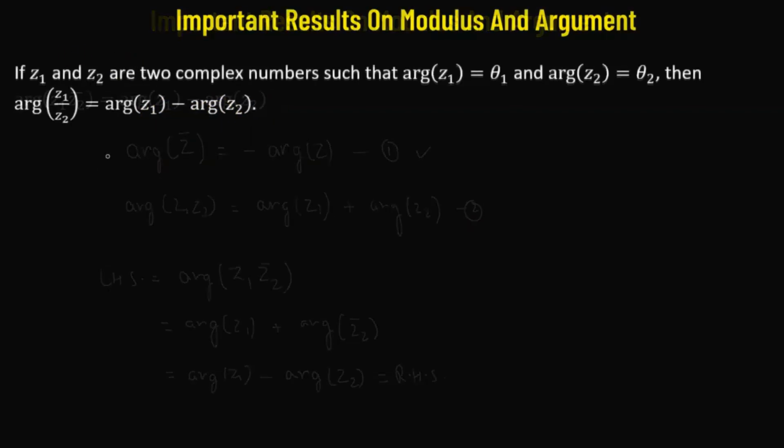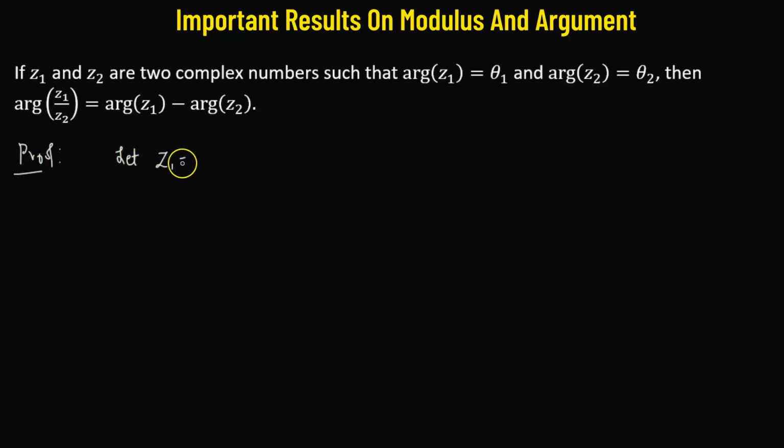Here we have two complex numbers z1 and z2, and the arguments are given by theta 1 and theta 2 respectively. Then we need to show that the argument of the quotient of the two complex numbers, that is z1 divided by z2, simply equals the argument of z1 minus the argument of z2. So let's begin with the proof. What we'll do is start by considering our given complex numbers z1 and z2 in polar form.